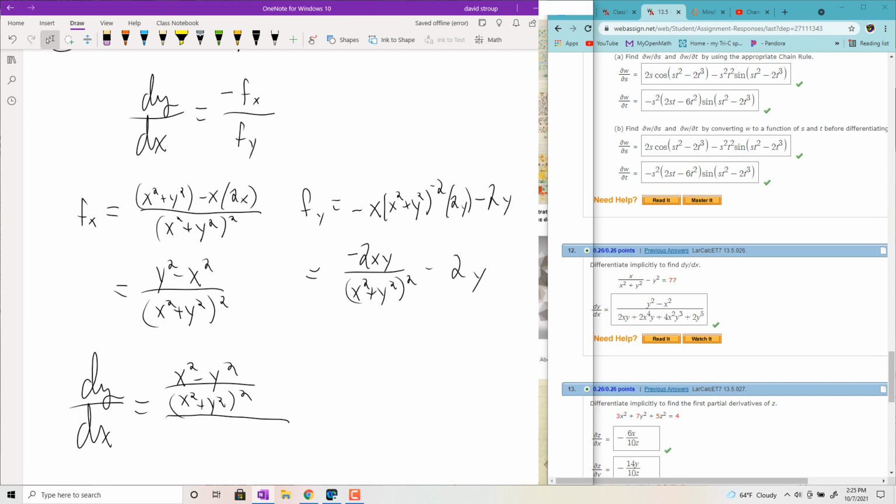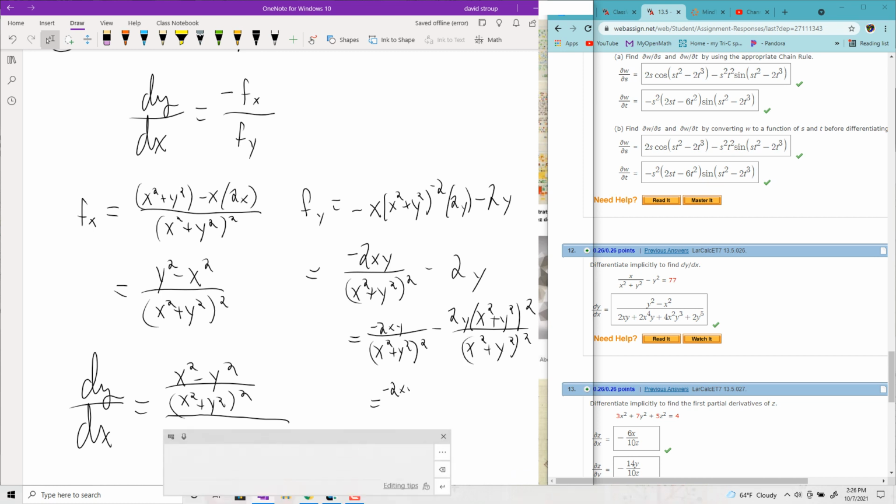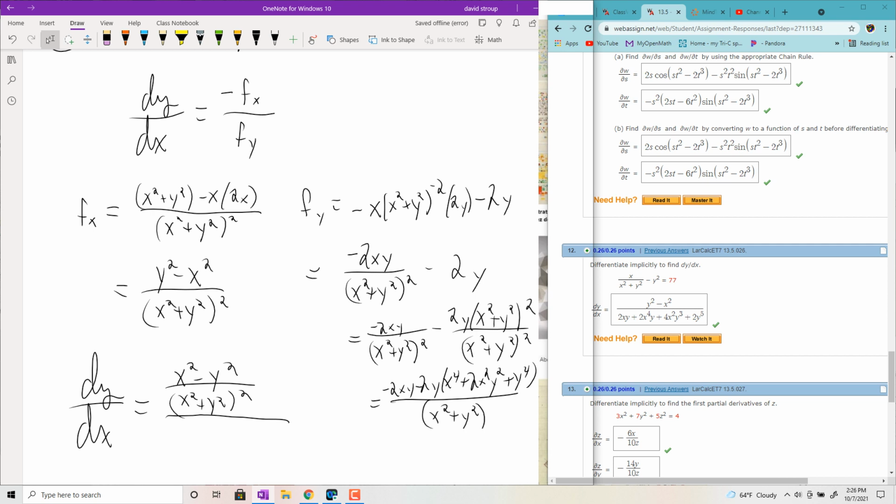In order to make life a little easier, I'm going to find a common denominator on this f with respect to y. Minus 2y times (x squared plus y squared) squared all over (x squared plus y squared) squared. And of course that would equal negative 2xy minus 2y times, foiling this, x to the 4th plus 2x squared y squared plus y to the 4th, all over (x squared plus y squared) squared.